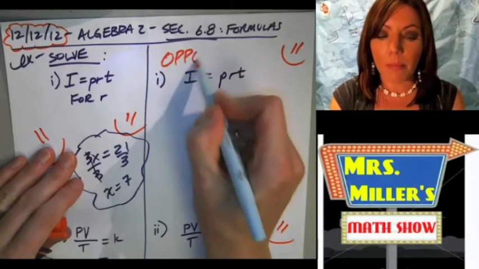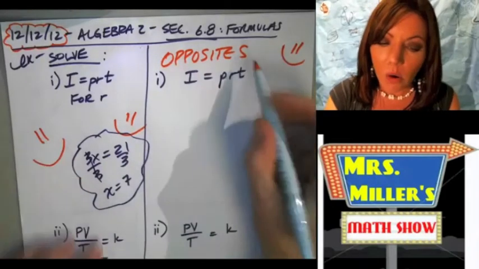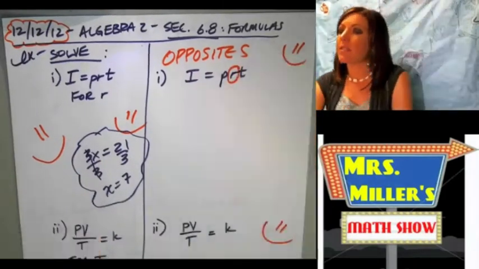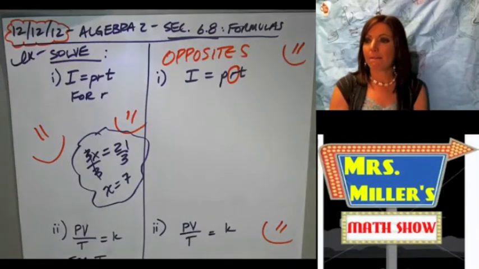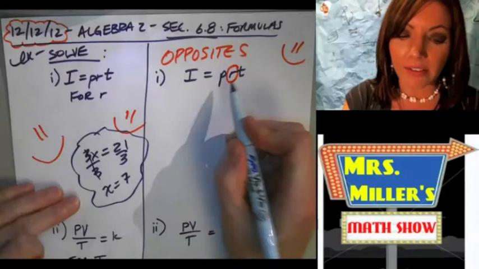Opposites. Okay. Now, opposites in what respect? Well, Olivia? The P and the T are multiplying R, so in order to get R by itself, we need to divide. Excellent. Everybody give it up for Olivia. Yay.